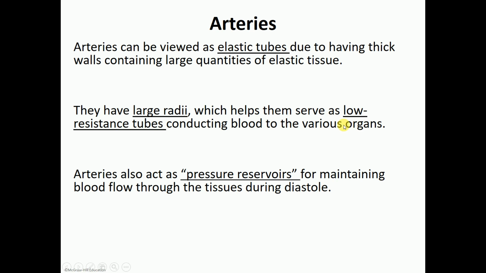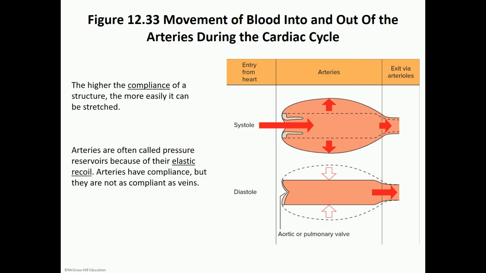That elasticity, all of that elastic tissue, gives it compliance and low resistance. The resistance really would be coming from smooth muscles, not the elastic tissue. And that's why these arteries act as a pressure reservoir, in order to maintain a high pressure to be able to pump the blood from these bigger arteries downstream to the arterioles.